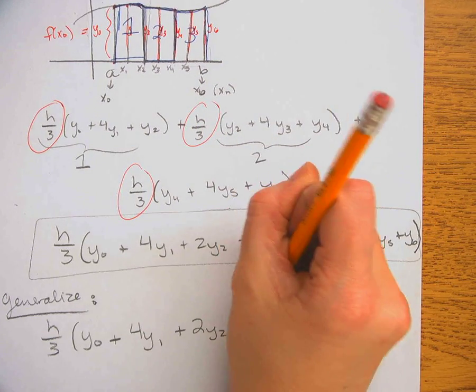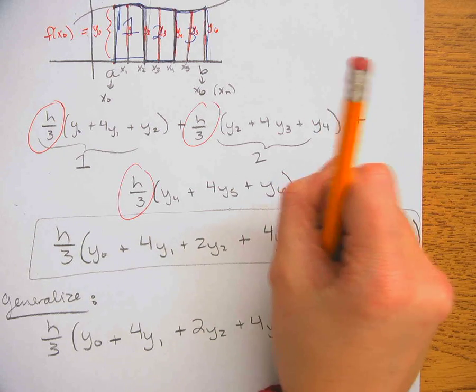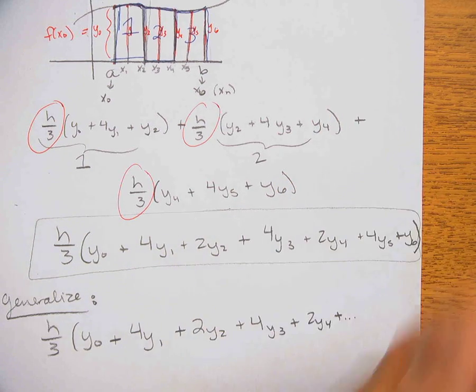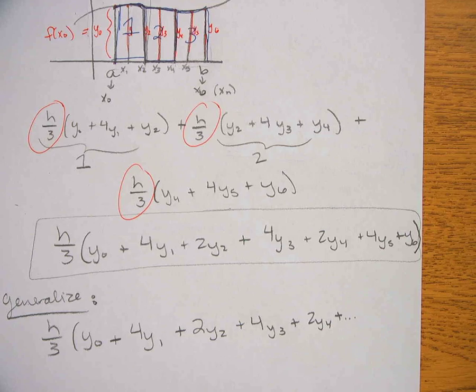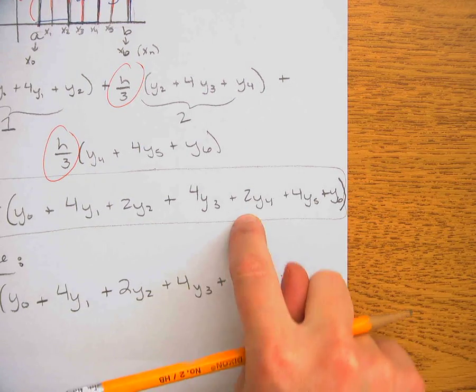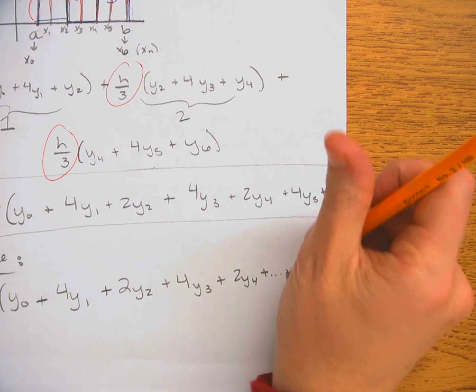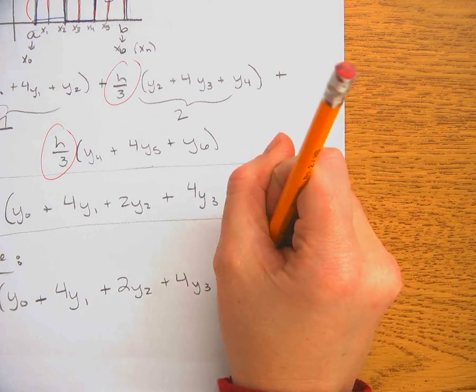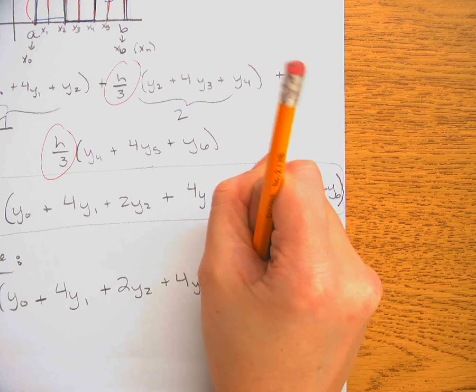And then it alternates from there, back and forth, until you get to the third to last one and the second to last one. The third to last one is always going to be 2.